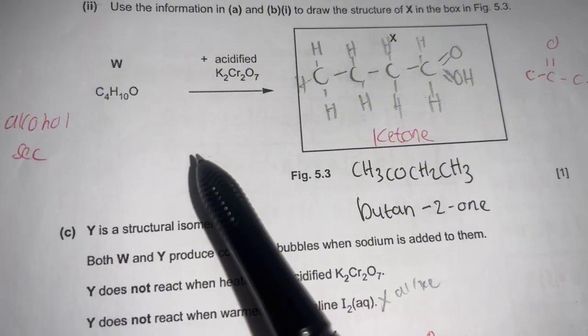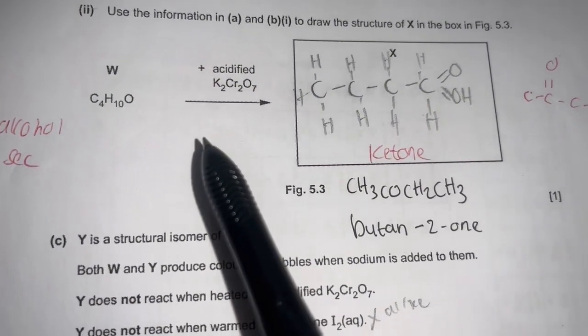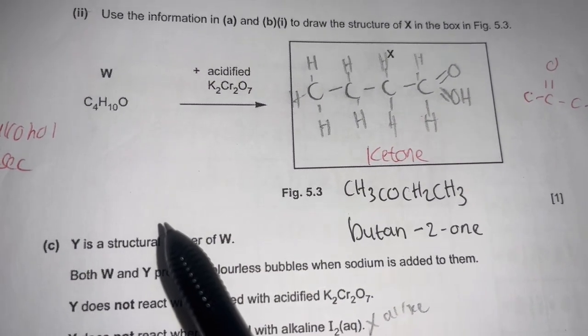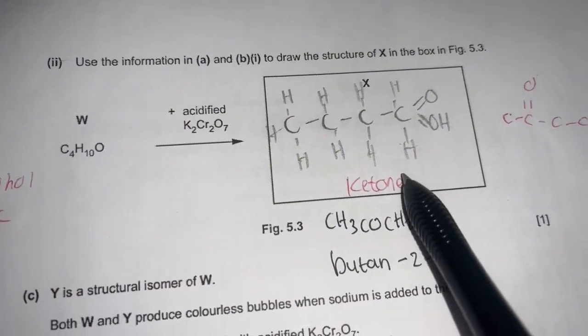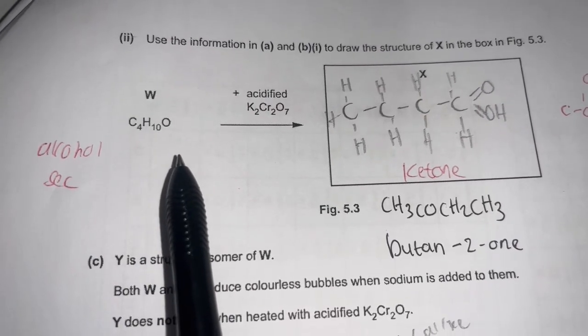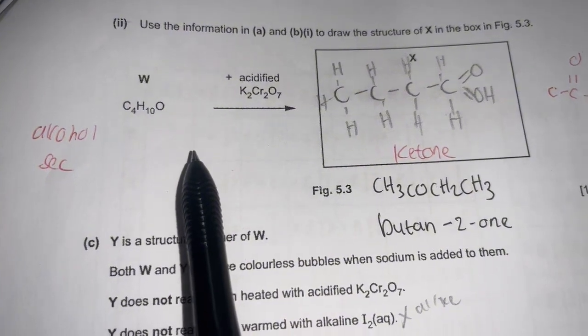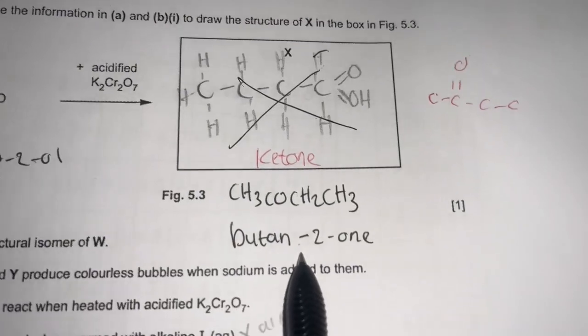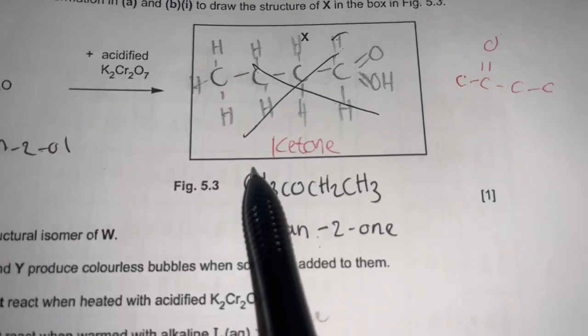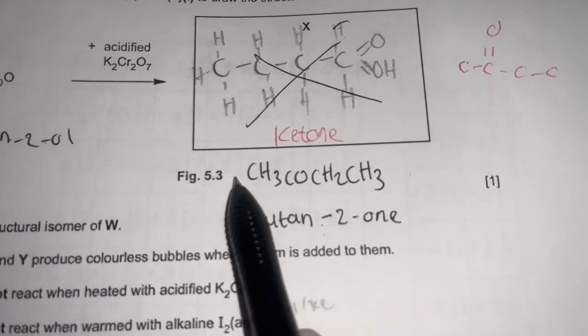However, the infrared spectrum of X shows a carbonyl peak but no broad O-H carboxylic acid peak. Therefore, X is a ketone. This means W must have been a secondary alcohol. So W is butan-2-ol and X is butan-2-one. And this is the structure of butan-2-one.